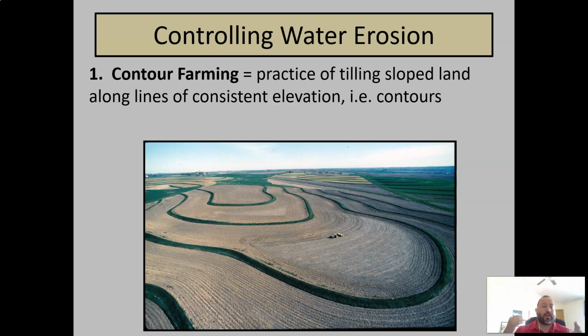Water wants to move uphill to downhill. So because of that, if you have a property with any sort of slope to it, you want to use contour farming, to where you can just go along at the same elevation, and that way the water has a much harder time causing problems.